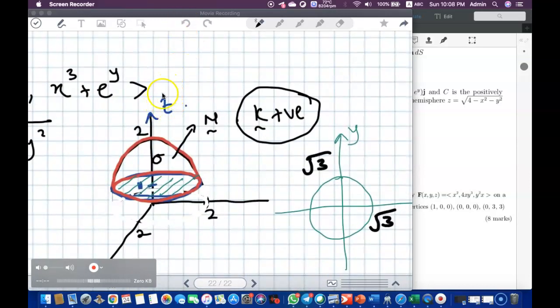Because we just now focus on the component k of z. So this arrow tells you that the direction follows the positive k or positive z. In this case, to get positive n, your k must be positive.